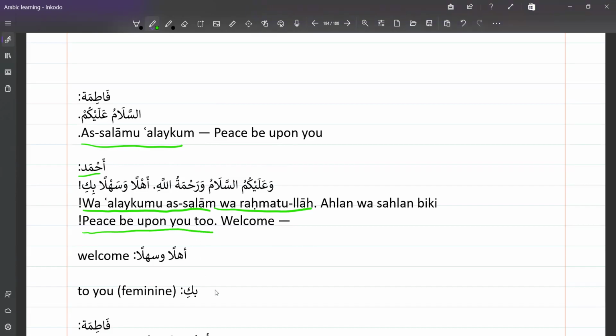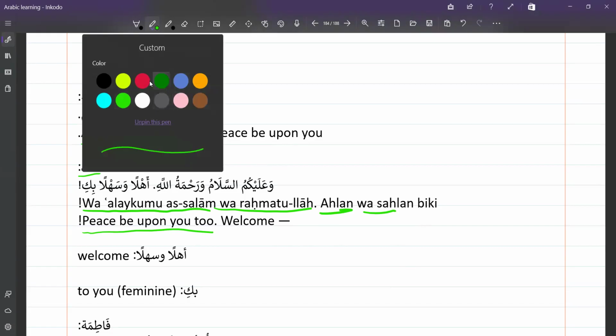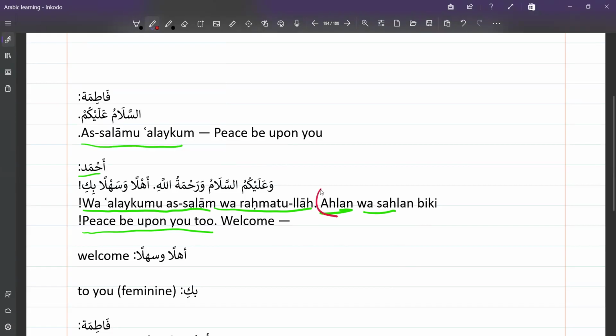And then Ahmad says, Ahlan wa sahlan biki. Ahlan wa sahlan means welcome, and biki means to you. Since Fatima is a female, Ahmad is using biki. Otherwise, he would have used bika.